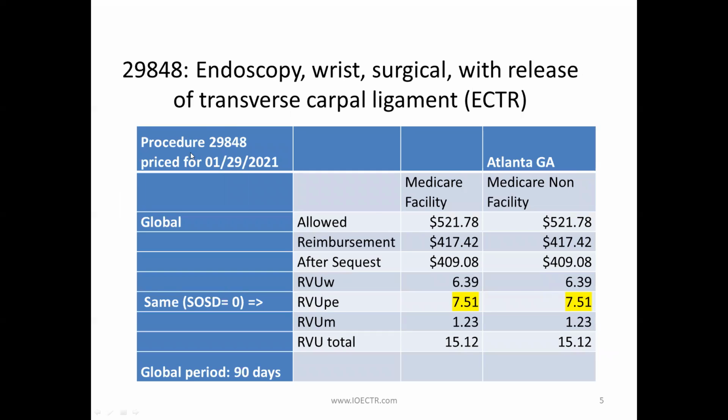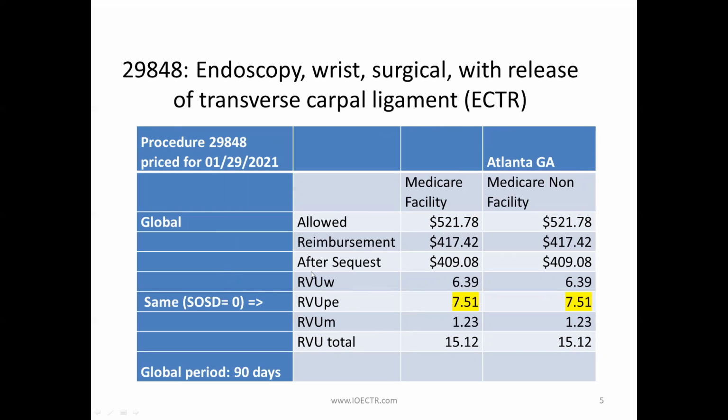But here again are the RVU amounts for code 29848, which is an endoscopy wrist surgical with a release of transverse carpal ligament, or ECTR.